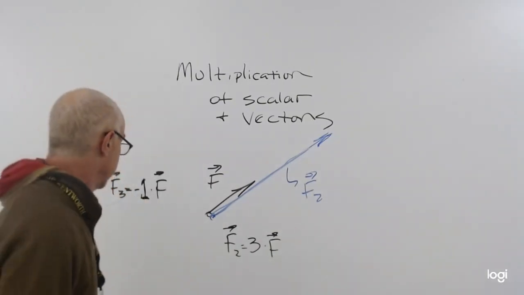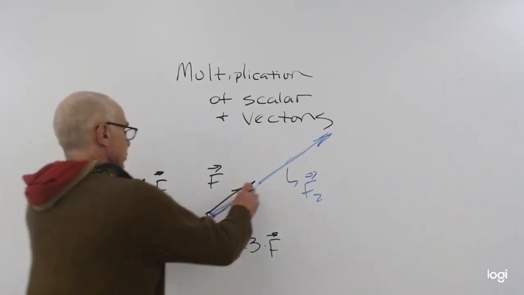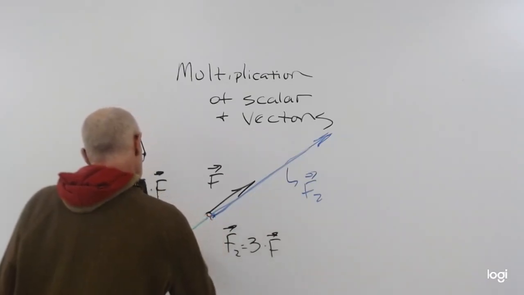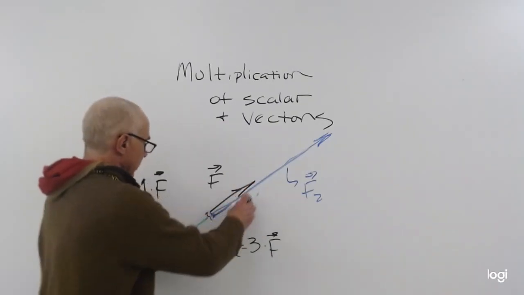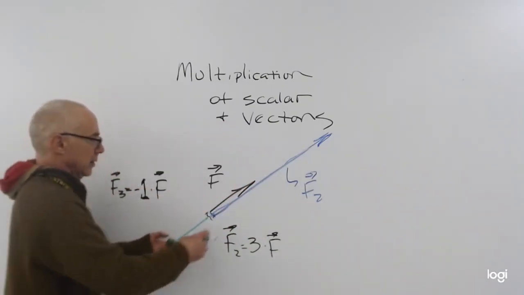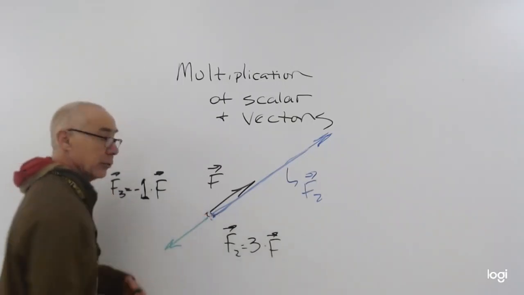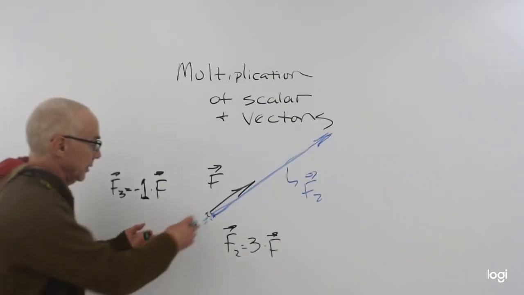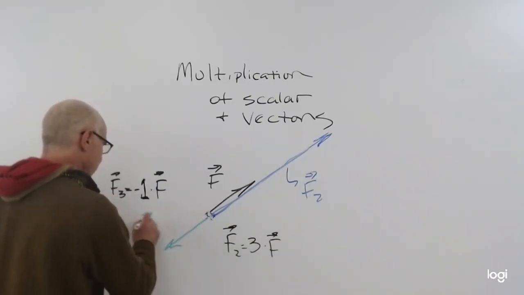However, the direction is going to be reversed. So I'll try and do this better. Here's my new vector. Notice that the direction has been reversed. However, the length which represents the magnitude of the vector is essentially unchanged. This is my F3 vector.